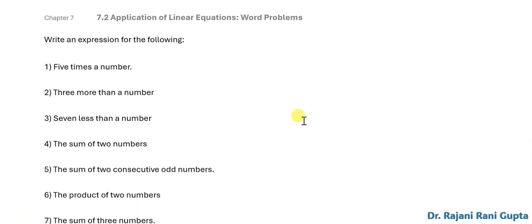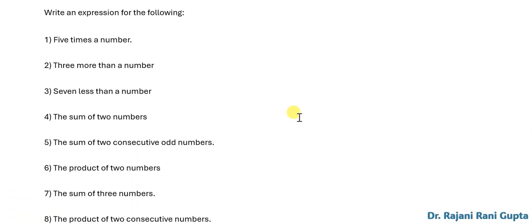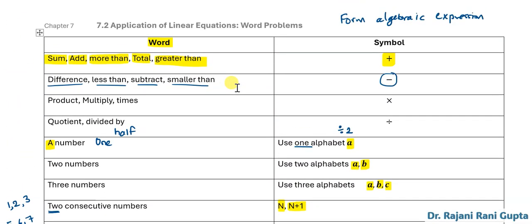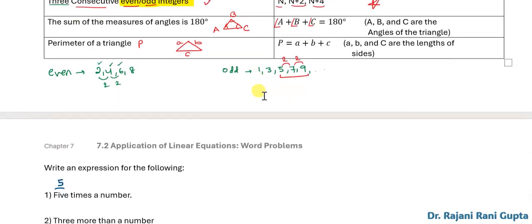Now, moving forward, let's see how we can form expressions using this. Five times a number. Times means multiplication, so you either use a cross or you can even use a dot. Both mean the same thing.